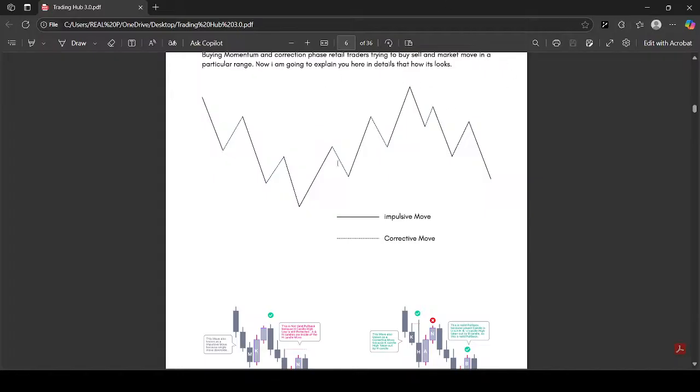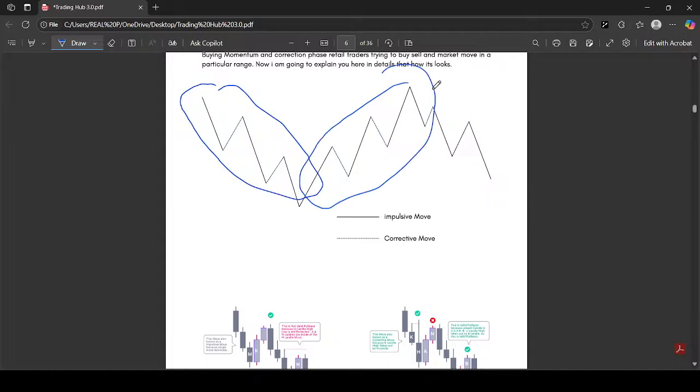So this is a perfect example of what I was telling you yesterday. On this aspect, we have a downtrend playing out here, and we have an uptrend playing out here, and we have another downtrend playing out here.